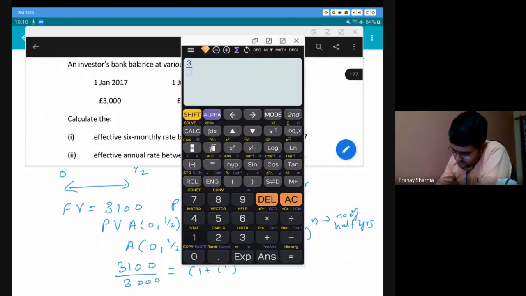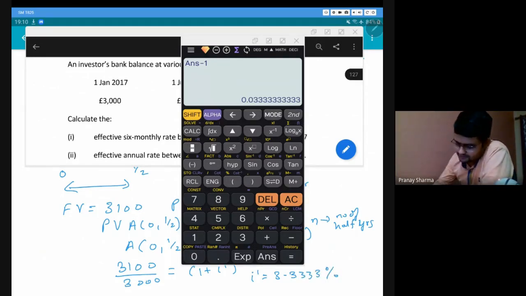We'll have 3,100 by 3,000 minus 1, so our I dash is equal to 3.3333%.